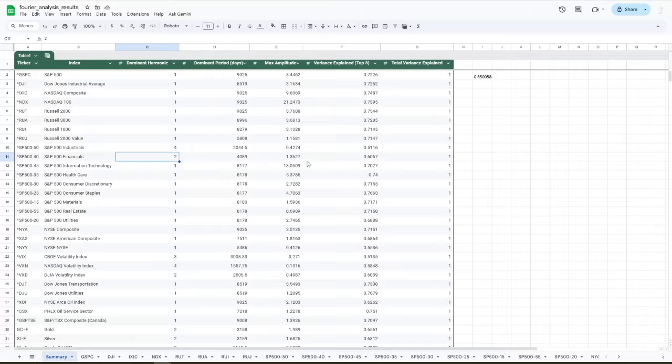It's a smaller max amplitude, which is 1.36, and it has a dominant period of 4,089 days. That means the S&P 500 financial has half the bull expansion compared to the broader market, which can be the S&P 500.